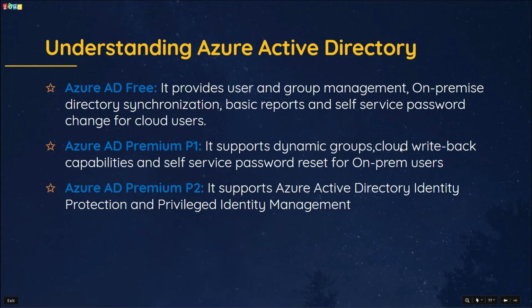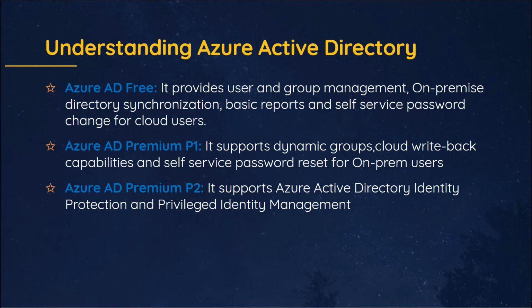For example, if you are resetting the password on the cloud side, it automatically writes back to the on-premise AD. And dynamic groups are nothing but, for example, if the employees have a certain tag or certain roles, then they are automatically added to specific groups.